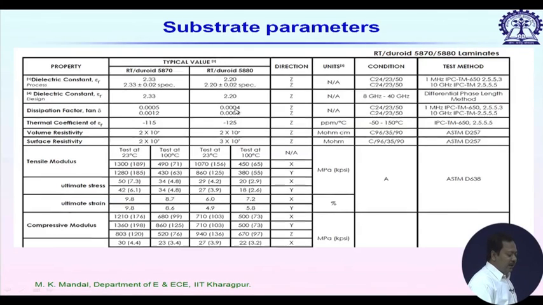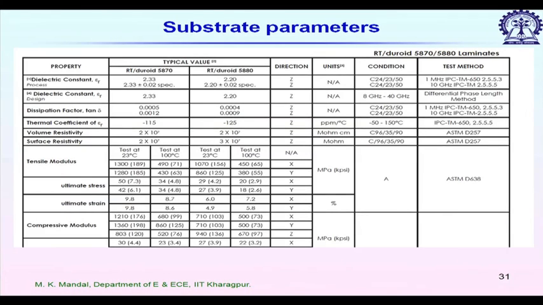There are many other factors, like what is the thermal coefficient of epsilon r. So, epsilon r is changing with frequency. Not only that, epsilon r is also a function of temperature. Consider any space based application.